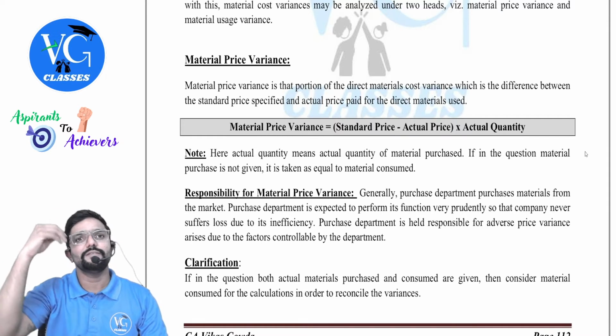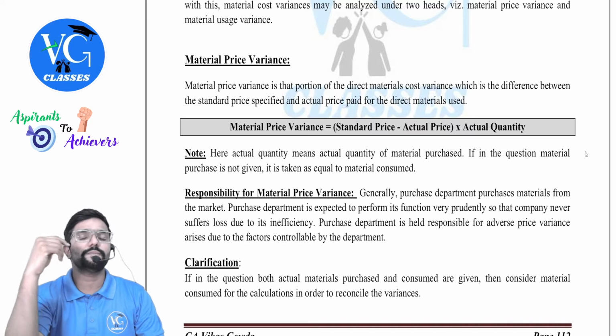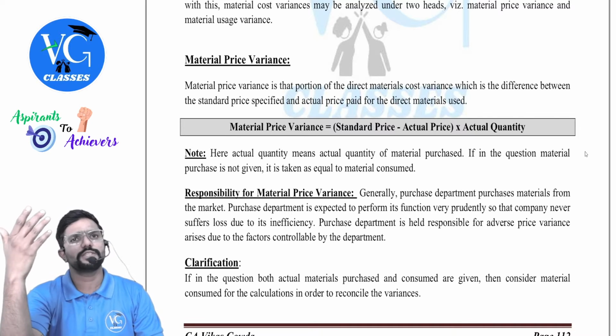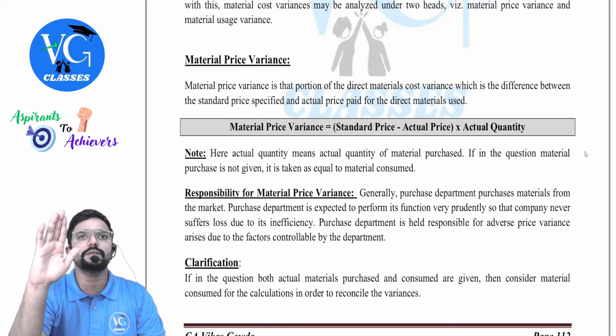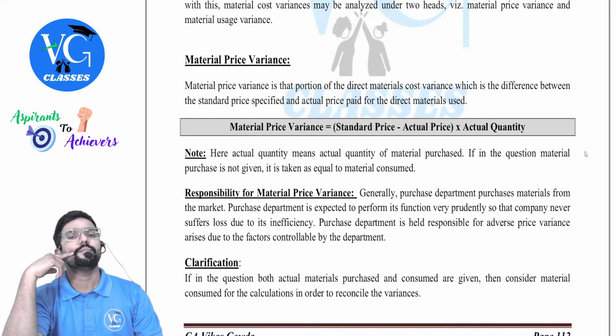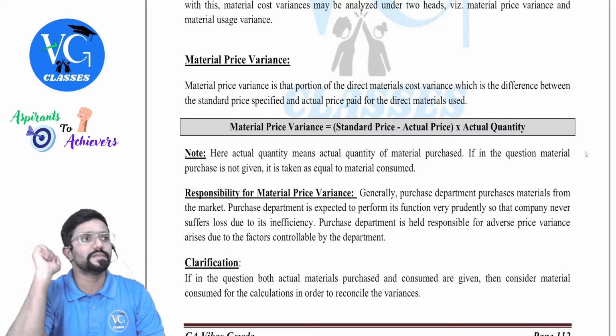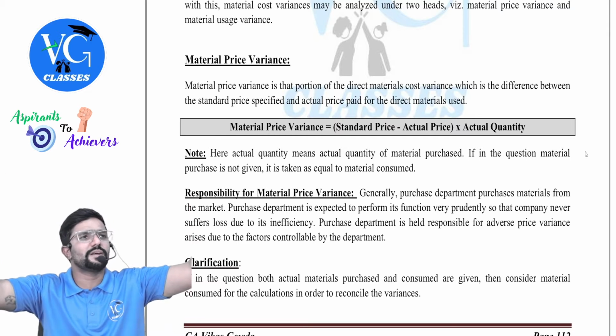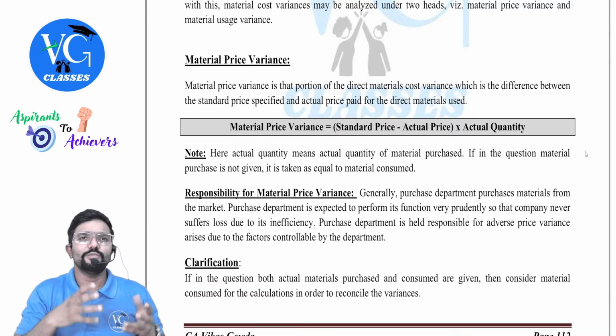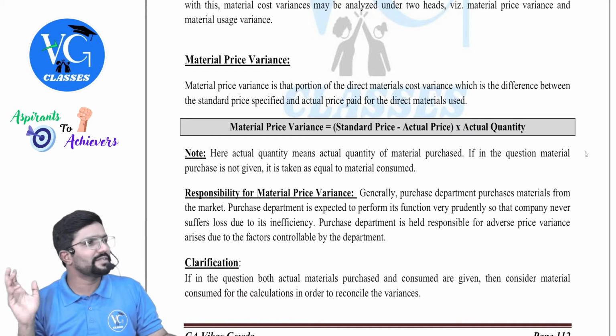Correct? Now, whenever the production department wants raw material, they will request the stores department. If they have it, they will supply. If not, the stores department will request whom? Purchase department. By issuing what document? Purchase requisition. Now, the purchase department will call for a tender, asking everyone who is ready to supply raw materials to come and give their quotations. Now, assume 50 people, 100 people have given their quotation.